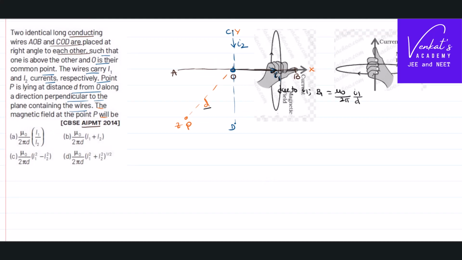So, whenever there is a current carrying conductor, to find the direction of the magnetic field, we shall hold it with our right hand in such a way that the thumb indicates the direction of current. Then look at the curled fingers. The curled fingers give the direction of the magnetic field.